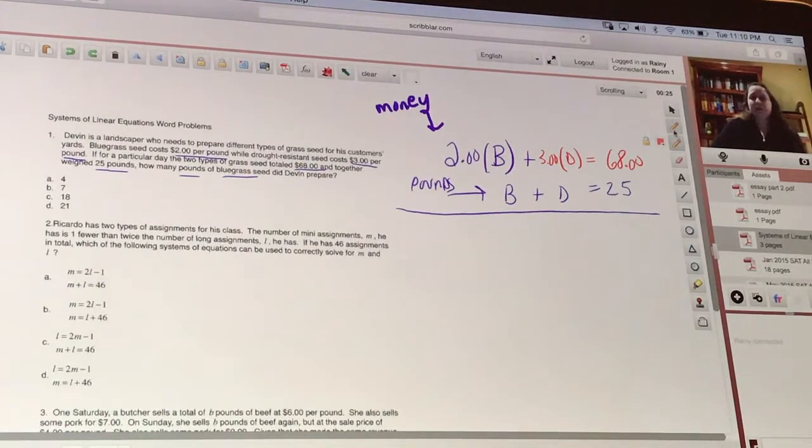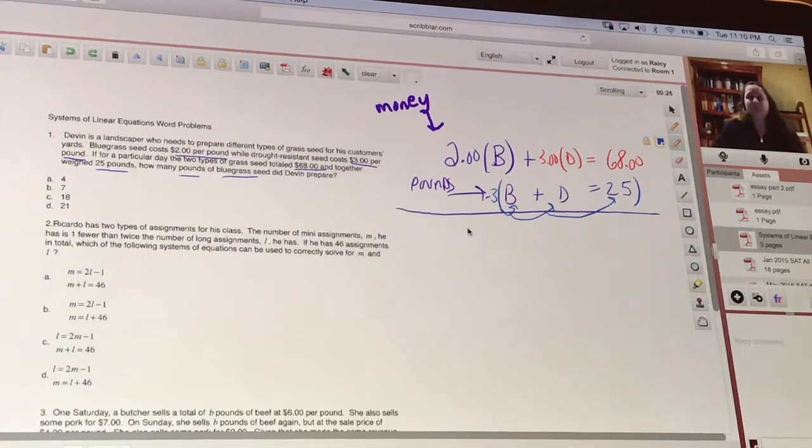So all I have to do is multiply that second equation by negative 3, since I want that D to become negative 3D. What's very important is to make sure you distribute the negative 3 throughout the entire equation.